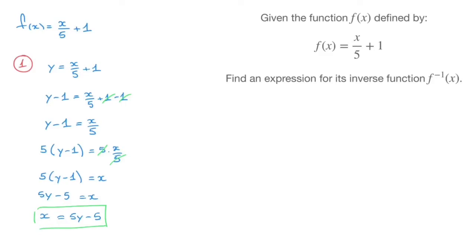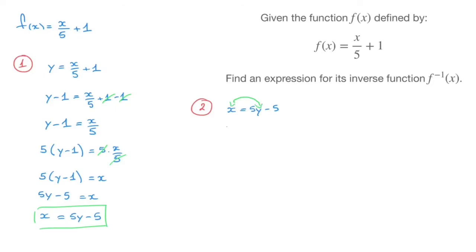We move on to the second and final step, step 2. And in step 2, remember, we start from the expression we just found. That was x equals 5y minus 5. And all we have to do is swap the x and the y. In other words, x becomes y and y becomes x.